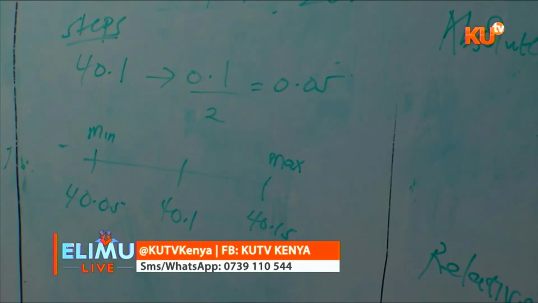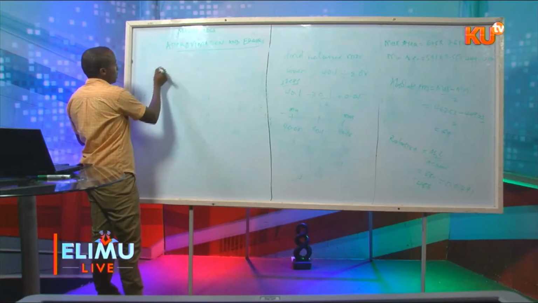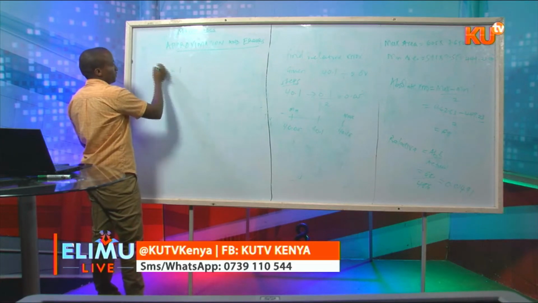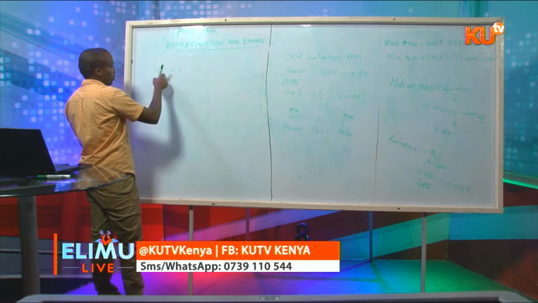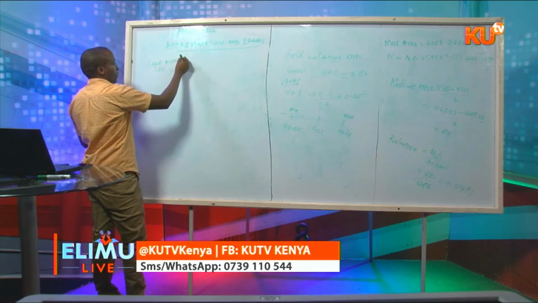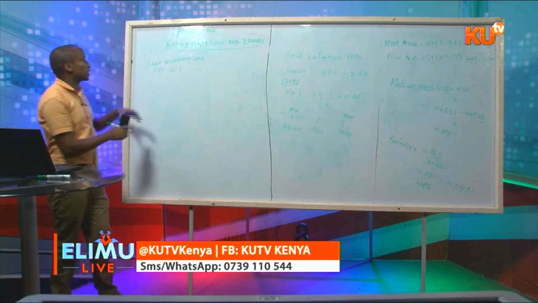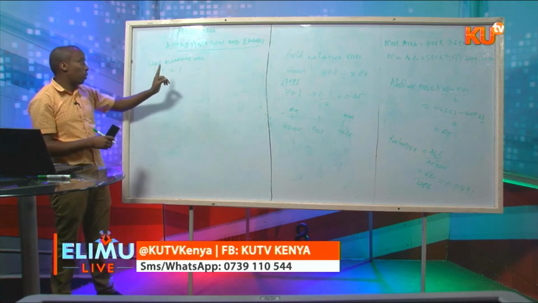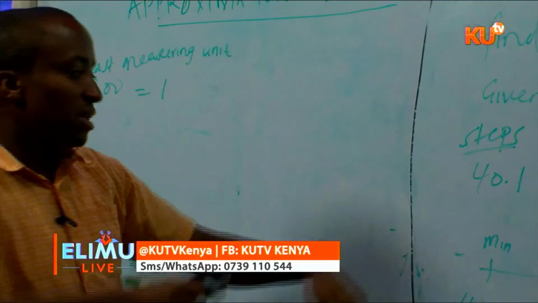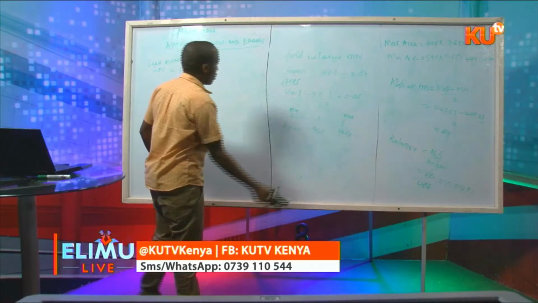For the other one, 200. The risk measured unit, because we don't have a decimal point, is 1. If you are not given the decimal point, the risk measured unit becomes 1. But if a decimal point is there, the last figure on the right-hand side becomes 1.